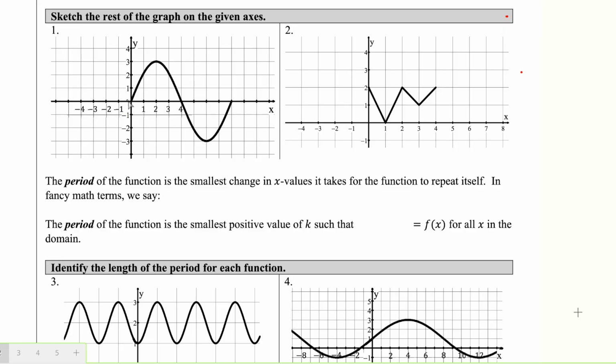That means it is first going to dip. If you notice, it dips at 1, 2, that's halfway, and look where its lowest point is. Its lowest point is at 3, so it's going to dip here.